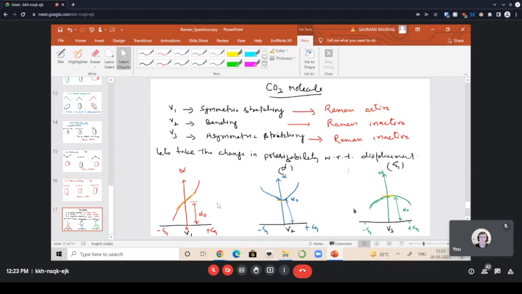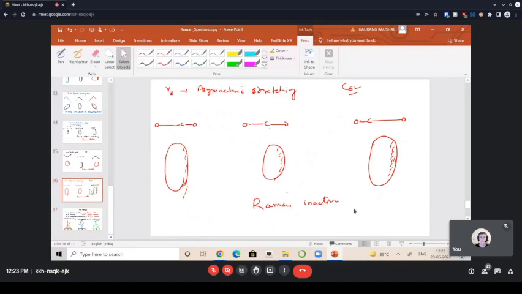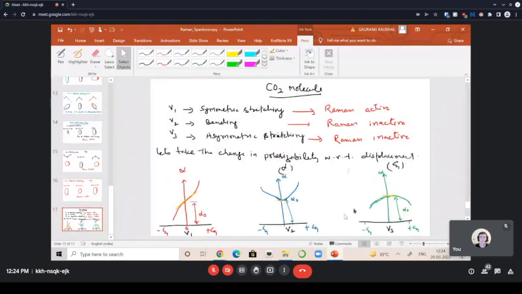And in the case of symmetric stretching, again, the size is slightly changed. It is not significantly changed. There is a slight change in the size of that particular polarizability ellipsoid. In the case of asymmetric stretching, it was assumed that the polarizability is inversely proportional to the size of that particular ellipsoid.